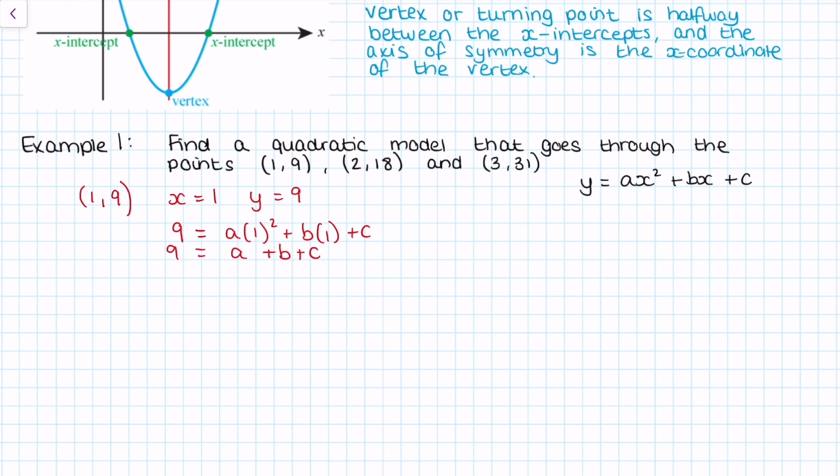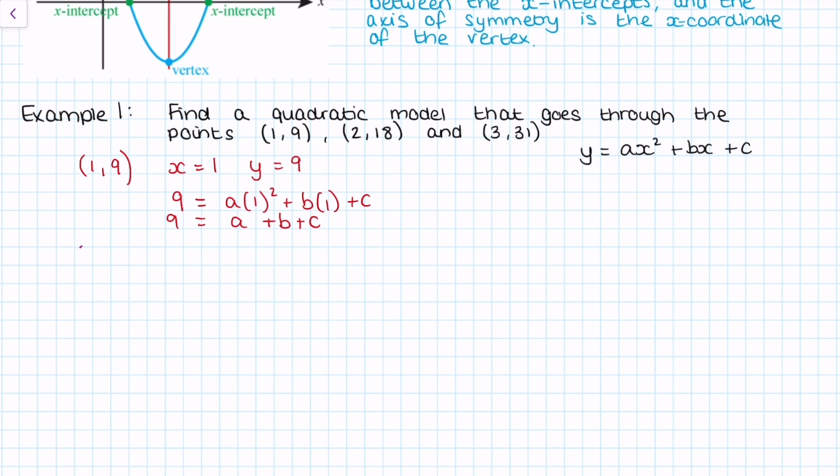And we're going to do that for each of the points. So our next point is (2, 18). So when x equals 2 and y equals 18, we create our equation: 18 equals a times 2 squared plus b times 2 plus c.